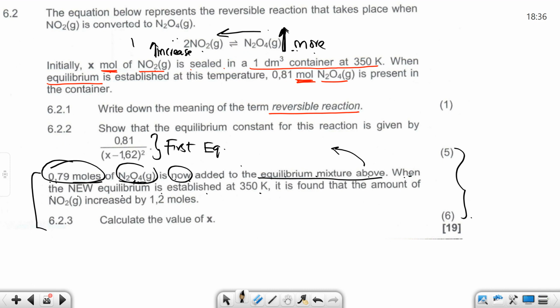All right. Good. It is found that the amount of NO2 increased. That's our change. And we answered that question already. Why? We said this will increase to favor the reverse reaction. Does that make sense? It will increase by 1,2.